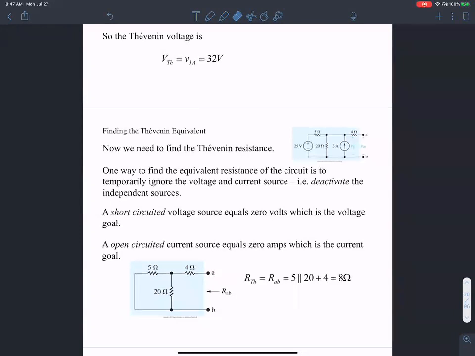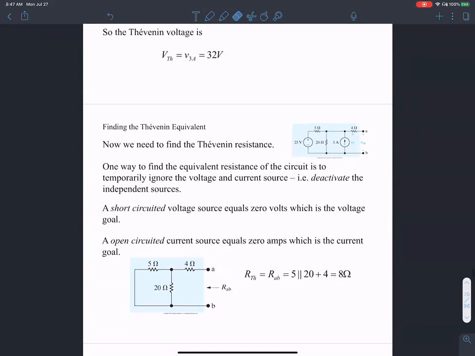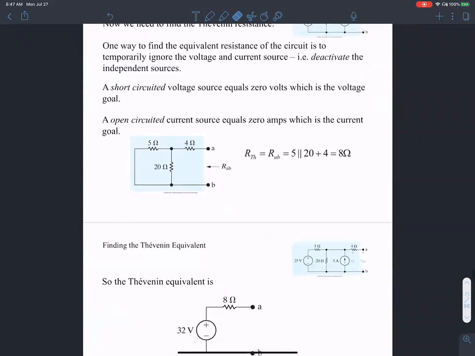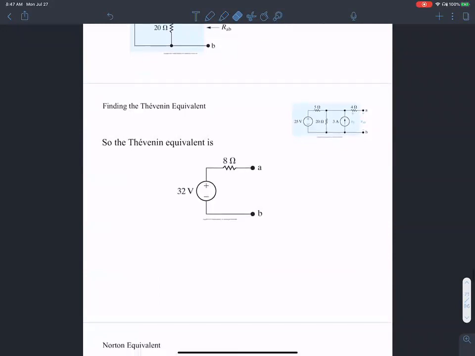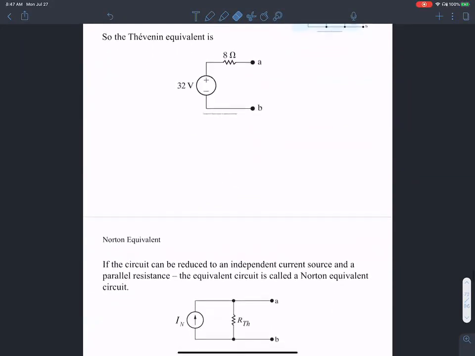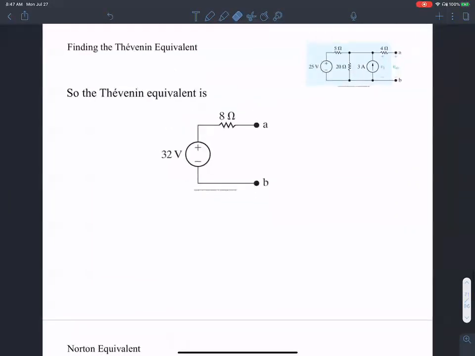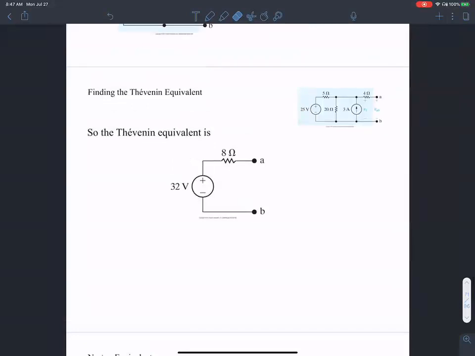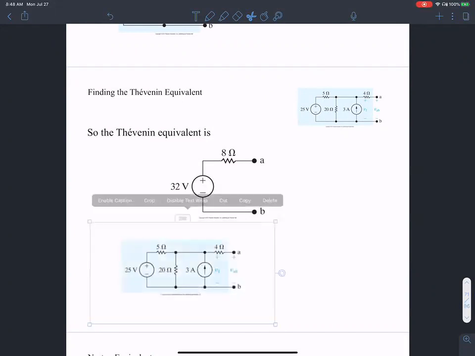Okay, and what I'm going to do is to present to you a sister approach of the Thevenin's equivalent circuit. We found the Thevenin's equivalent for a circuit that looks like this.